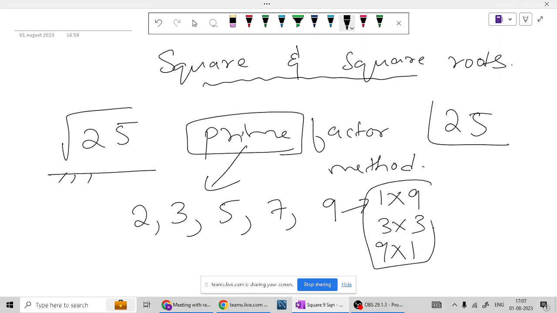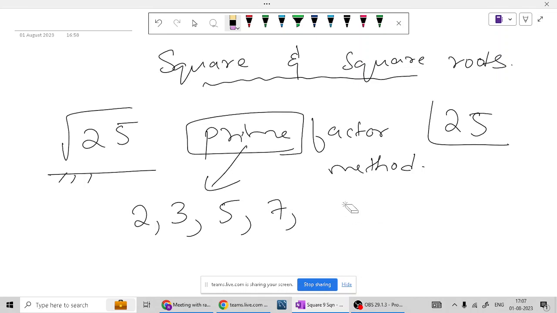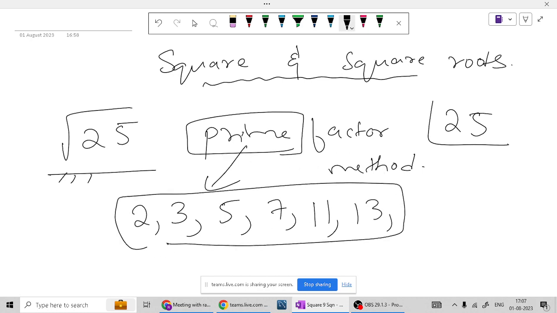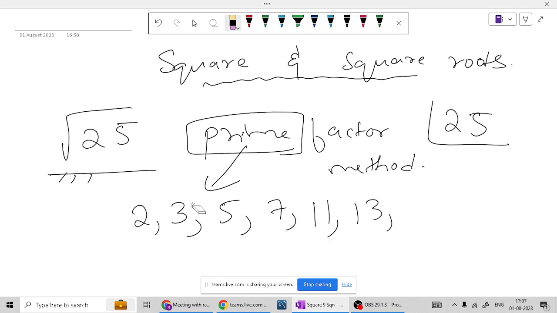Whichever has more than two factors is not prime. What about 11, 13? All of these are prime numbers. When using the prime factorization method, we use only prime numbers.